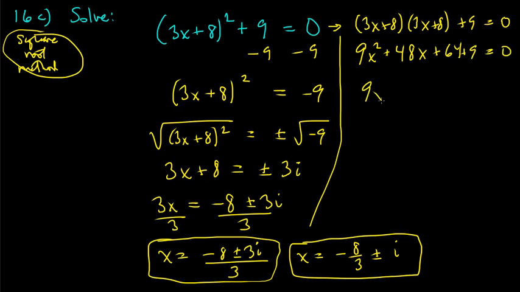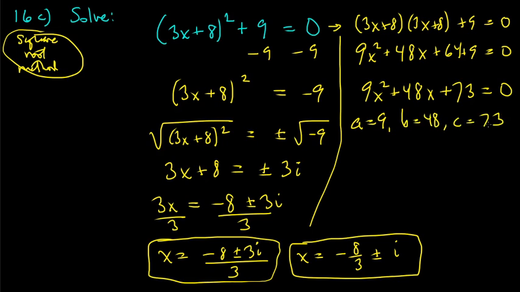And 64 plus 9 is 73 equals 0. So a is 9, b is 48, and c is 73.